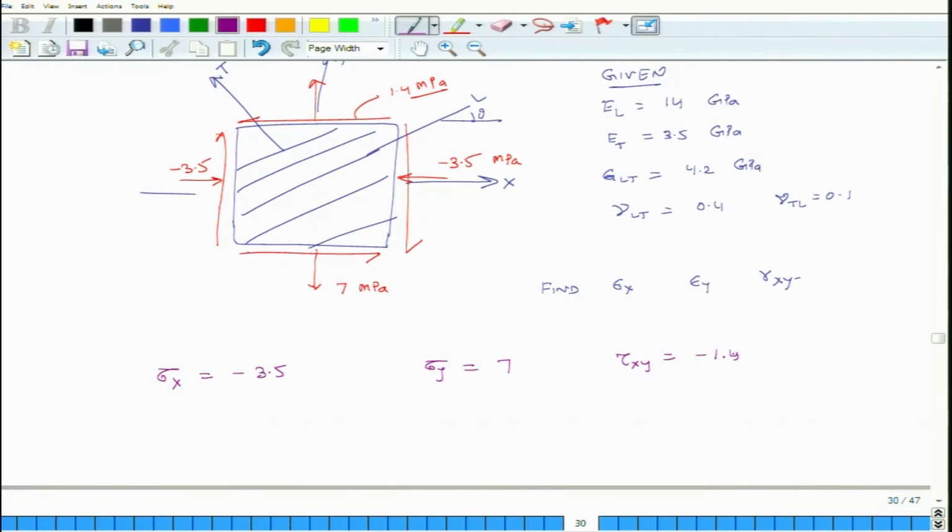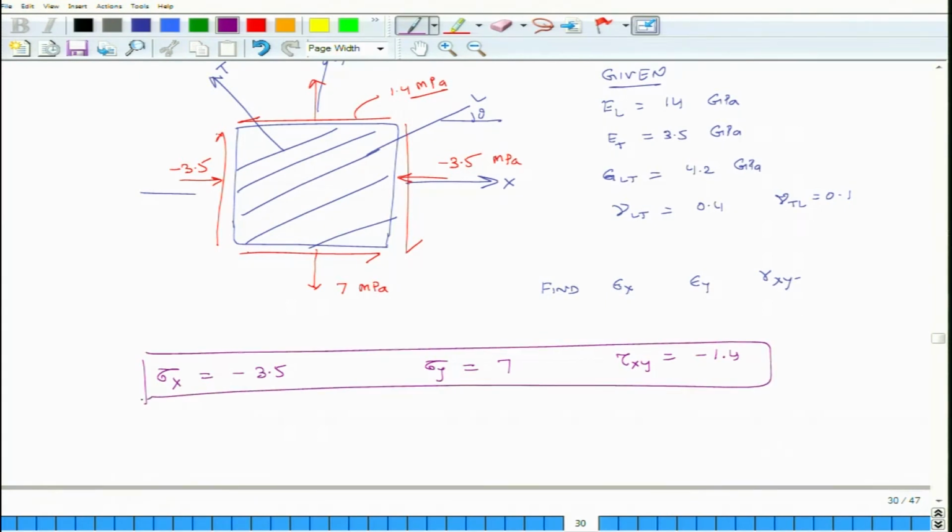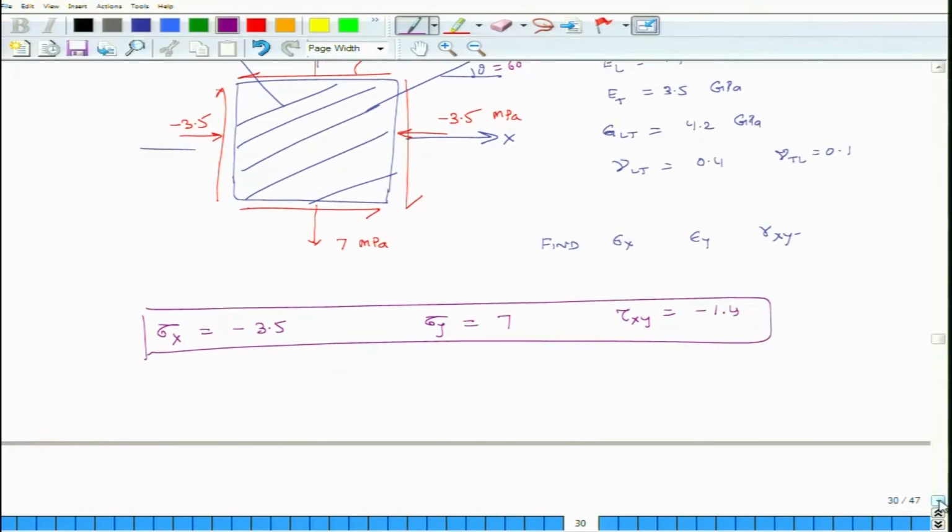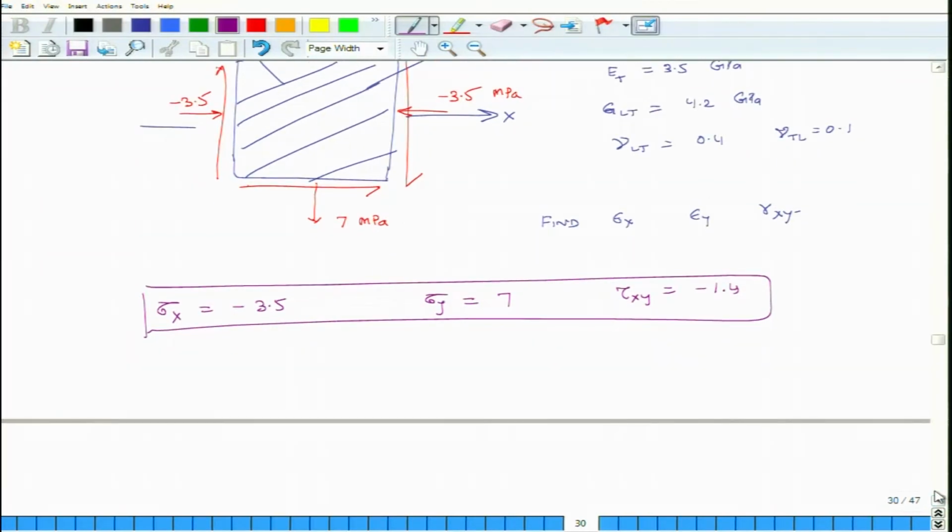It is important here that the shear stress is negative. So, this is the stress state, from the material properties, and theta is given to be 60 degrees. Given this value of theta, we first calculate Ex, Ey, nu xy, Gxy and so on and so forth.